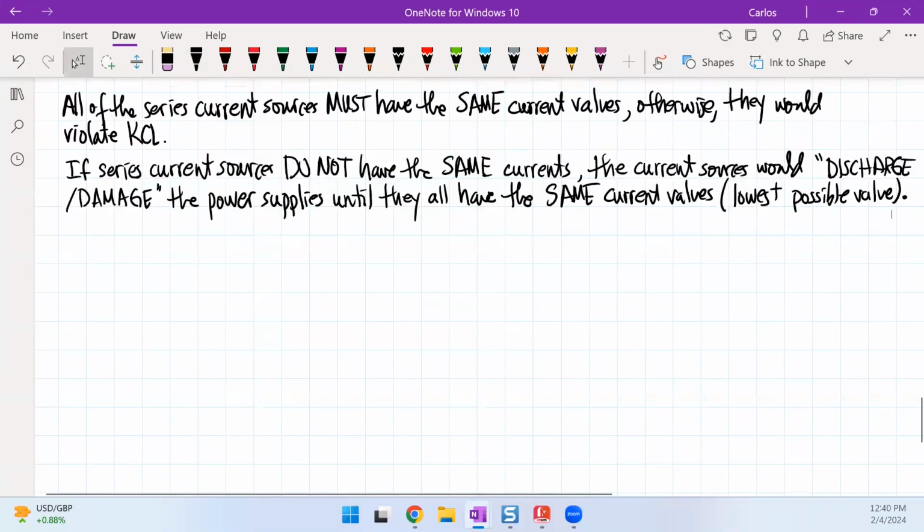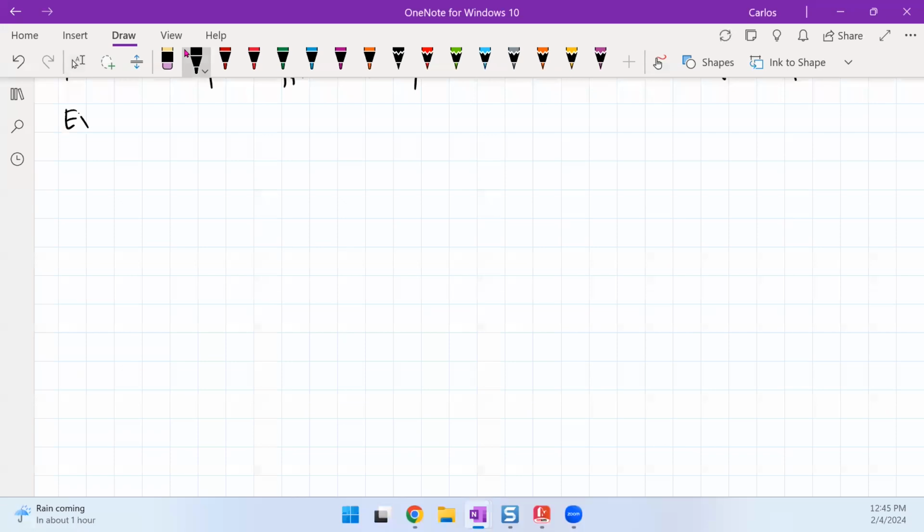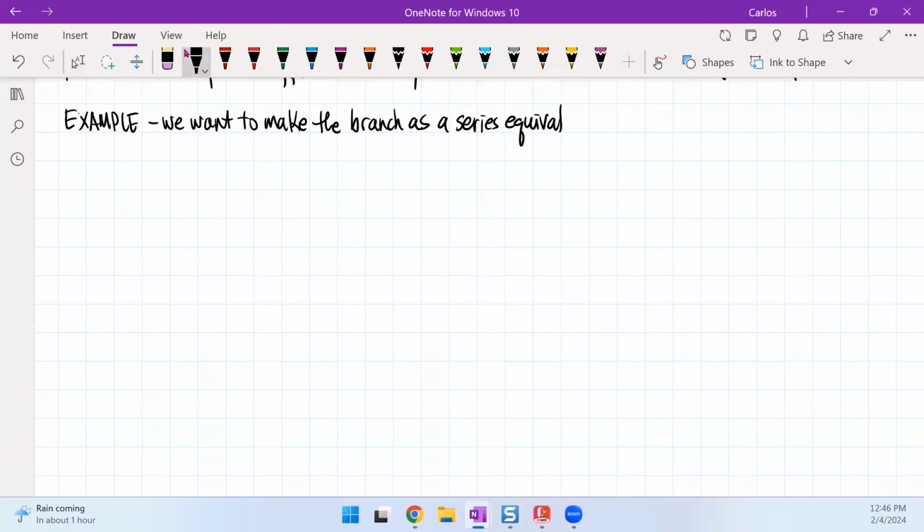So to finish off series equivalents, I want to go through an example and apply everything that we just used. In this example, we want to make the branch a series equivalent to make it easy to deal with. So here's our example.